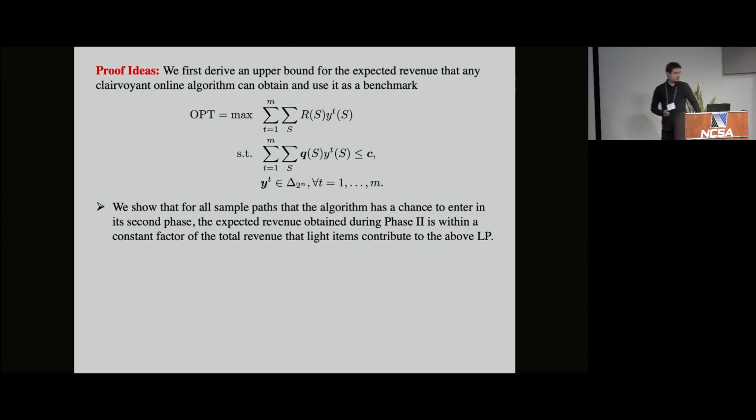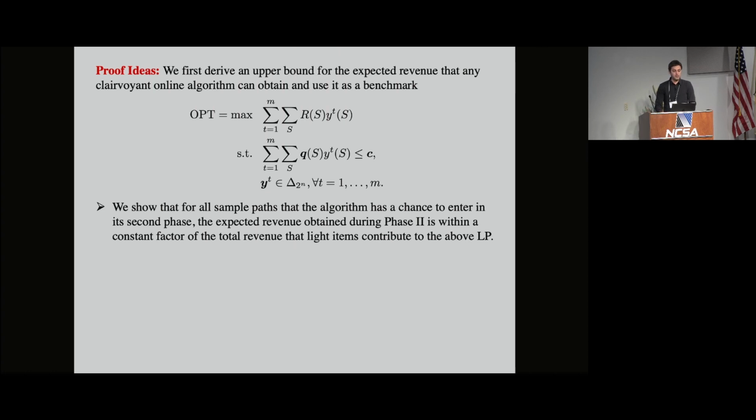More precisely, we show that for all sample paths on which the algorithm has a chance to get into its second phase, the expected revenue that we get from phase 2 is within a constant factor of the expected revenue that the light items contribute to this optimal solution.